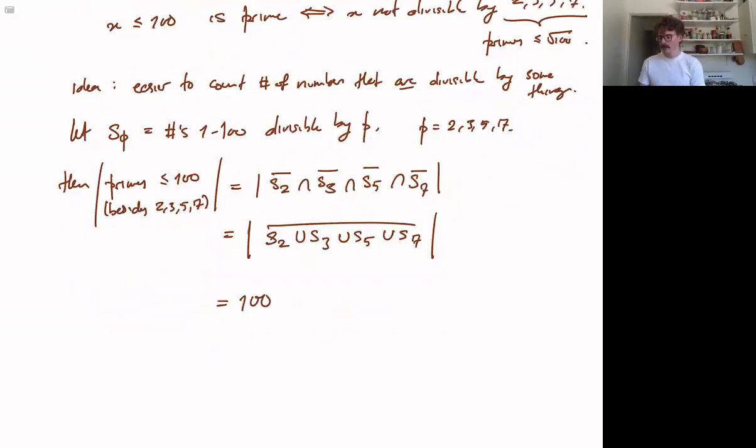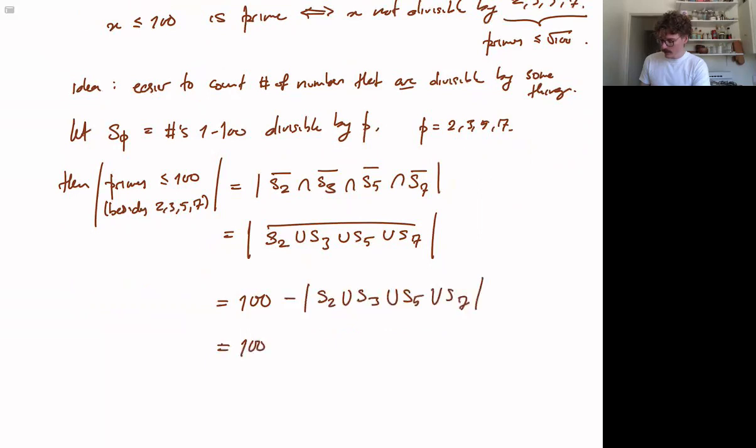So we're taking complements inside the set of numbers 1 to 100. So it's 100 minus the cardinality of S2 union S3 union S5 union S7. And this thing, again, is a little bit difficult to count, but fortunately, we have good old inclusion-exclusion to tell us what this is.